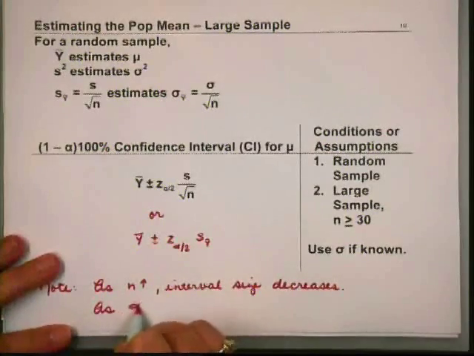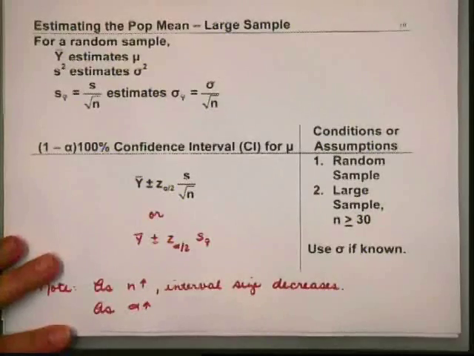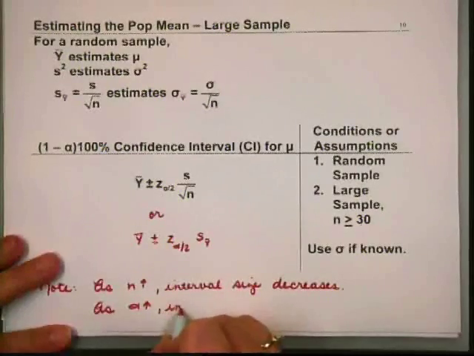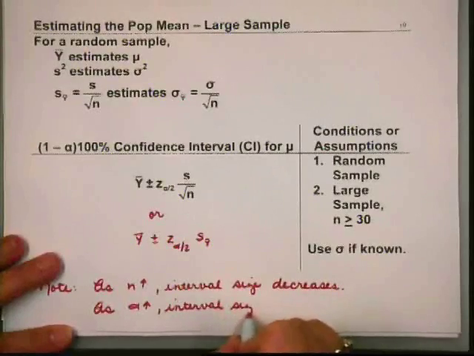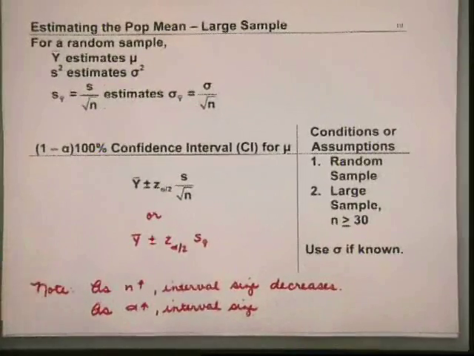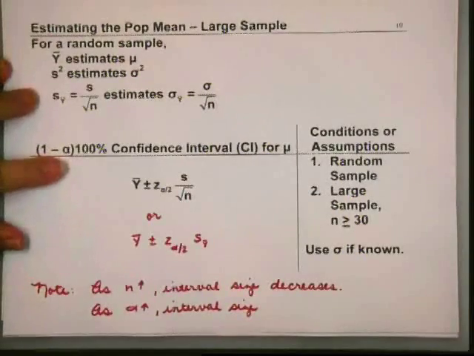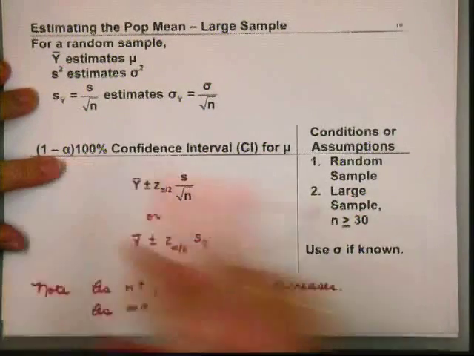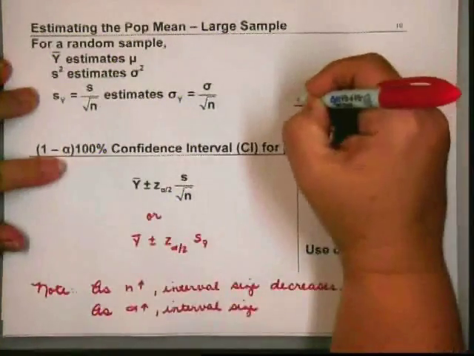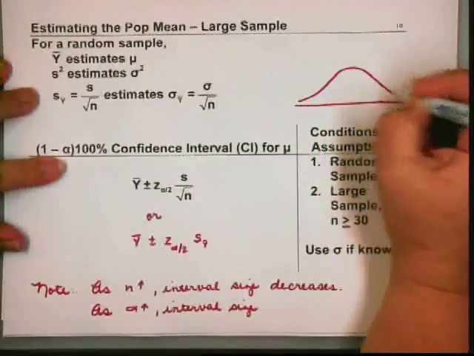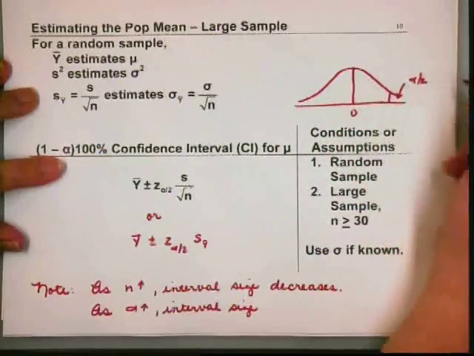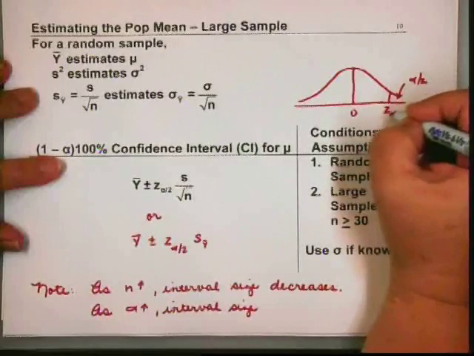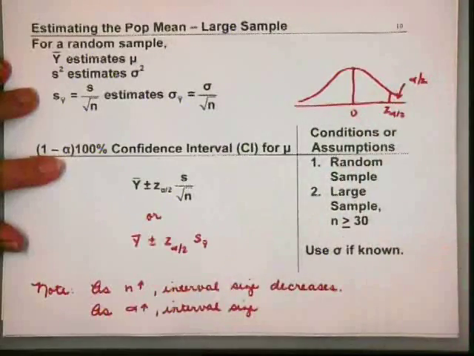What happens as alpha increases? What happens to the interval size? Okay, we've got to either increase or decrease. How do we figure that out? 1 minus alpha, so here's what alpha is. If we look at our intervals, alpha over 2, if alpha gets bigger, this value z alpha over 2 moves to the right or to the left?